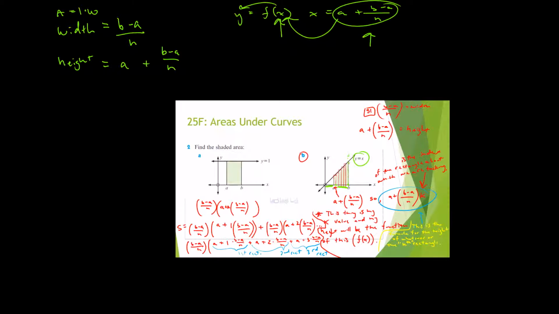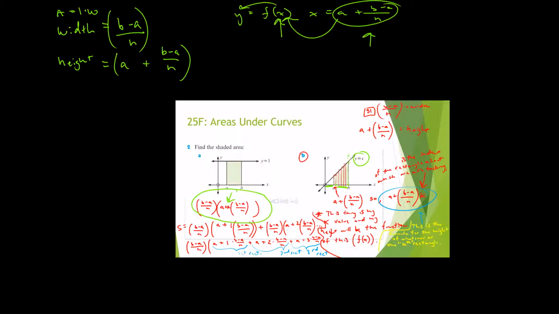So now we can take these and write an expression for the area by multiplying these two together, which is what you see here. The only difference is that I've indexed this to account for the fact that the height of each rectangle is going to be different based on which rectangle it is. If it is the first rectangle, then k will be 1.